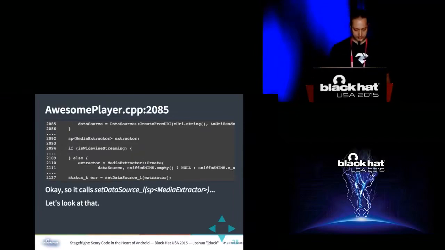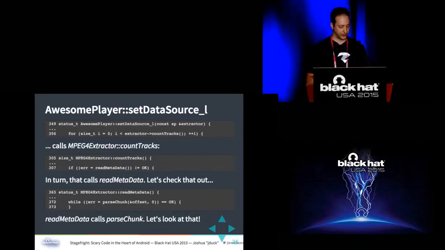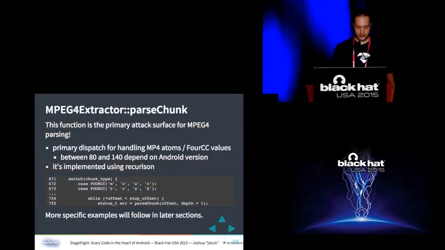Here you can see it's calling setDataSource on line 2127. So we look at that function, and then we see it's calling this extractor countTracks. That ends up calling this function in the MPEG-4 extractor class called countTracks, which then calls readMetaData. So simply counting how many tracks are in this video would directly call right into Stagefright, the parseChunk function. The parseChunk function is the primary attack surface for the MPEG-4 parsing in libstagefright.